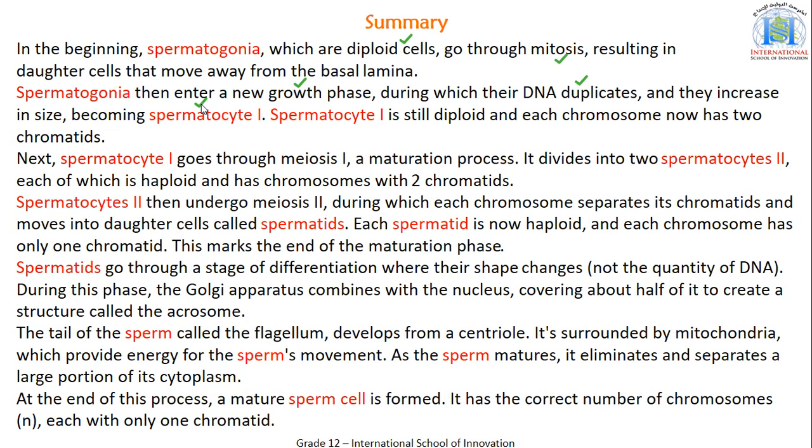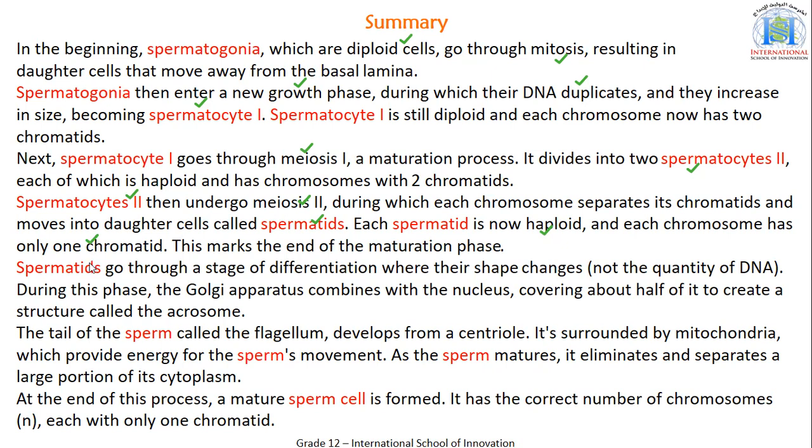Spermatocyte 1 is diploid, but now with two chromatids. Spermatocyte 1 undergoes meiosis 1. We call this the maturation process. It divides into two spermatocytes 2, haploid with two chromatids. Spermatocytes 2 undergo meiosis 2 to make spermatids. Each spermatid is haploid with one chromatid.